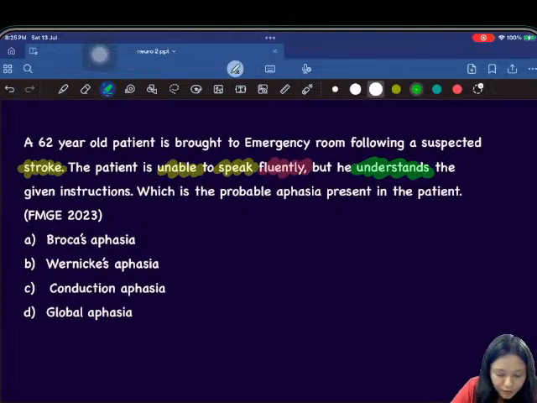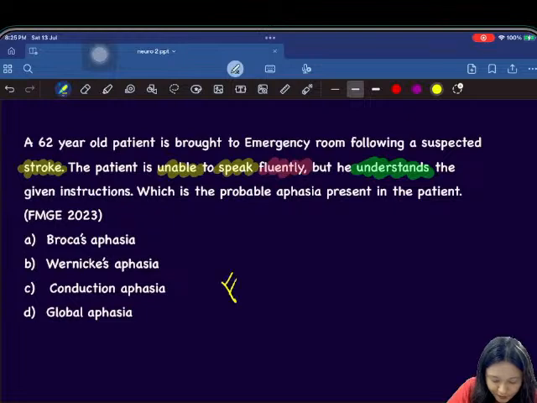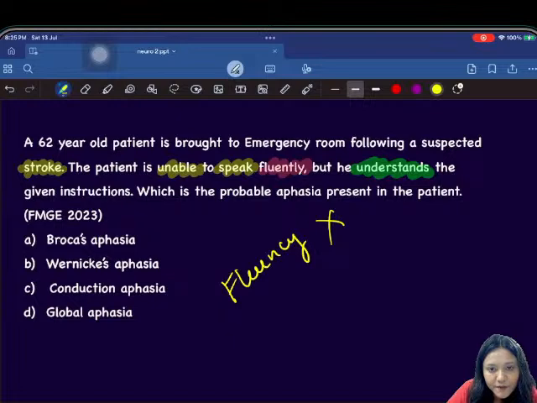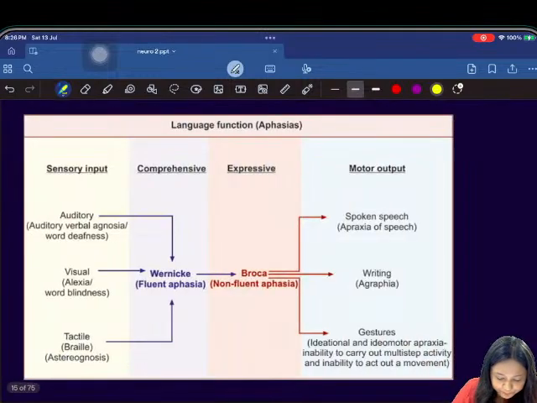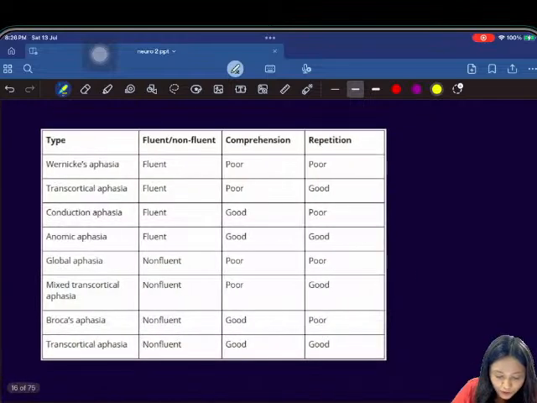So now you know that fluency is gone, but there is the ability to understand. Okay, now what could it be? Before that you have to know about this table.